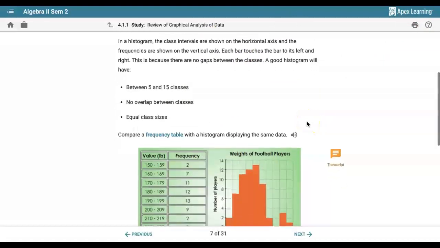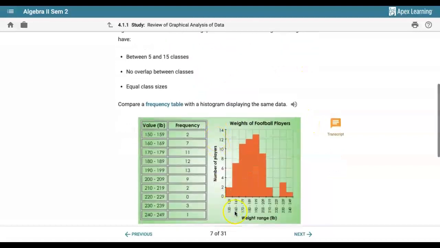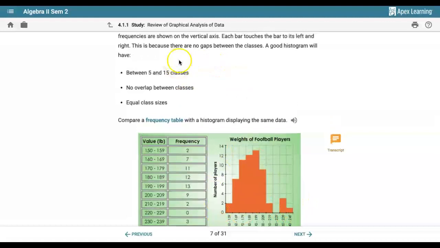So in this histogram here, we are able to see our classes shown on the x-axis and our frequencies shown on the y-axis. Some of the other characteristics of a good histogram are that we have somewhere between 5 and 15 classes.